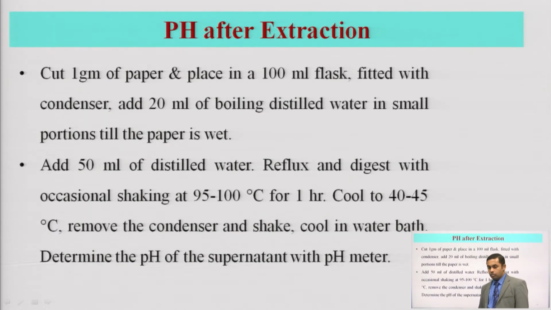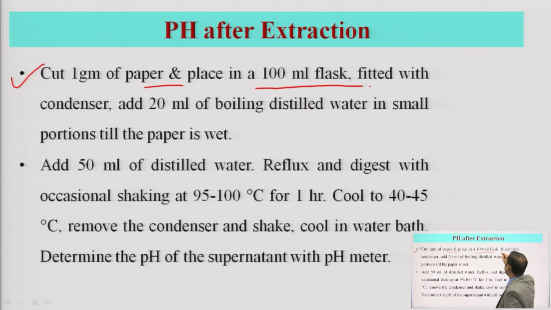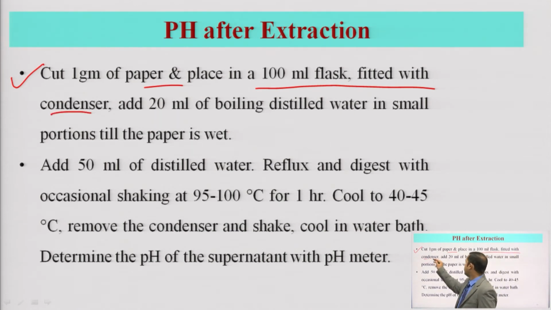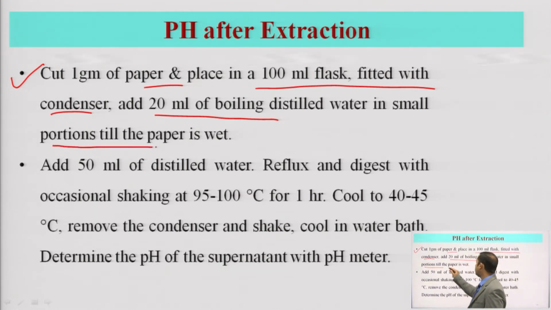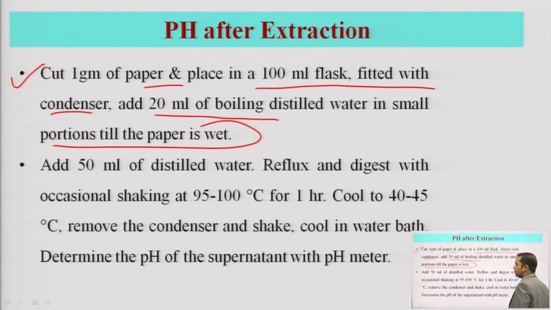Then another thing, pH after extraction. Cut 1 gram of paper and place it into a 100 ml flask fitted with a condenser, and add 20 ml of boiling distilled water in small portions till the paper becomes wet.